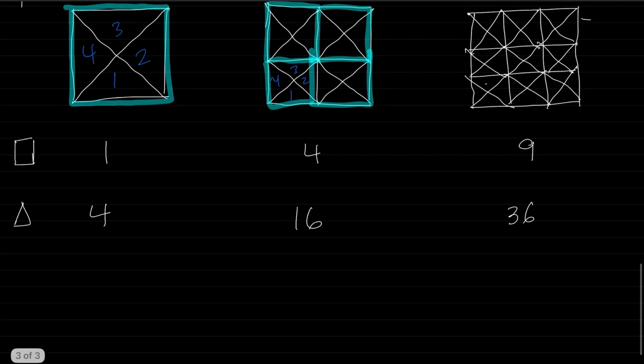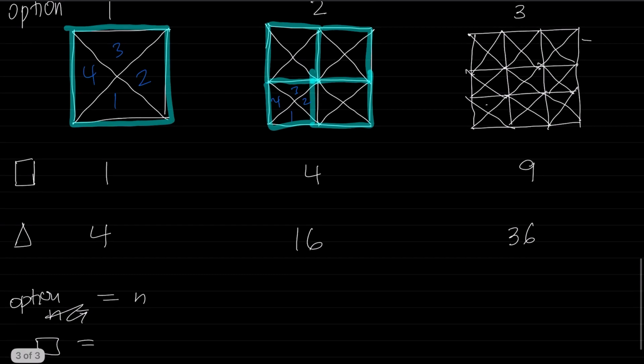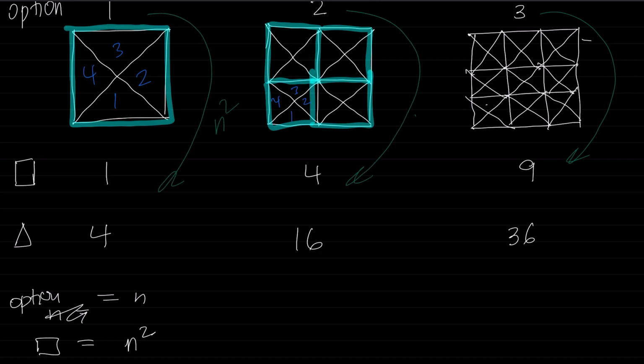And what's the formula going to be? So again, let the option be n. The number of squares, in this case, again, is going to be n squared. Because you can see again, you're going from 3 to 9, you're going from 2 to 4, you're going from 1 to 1, so it's n squared.